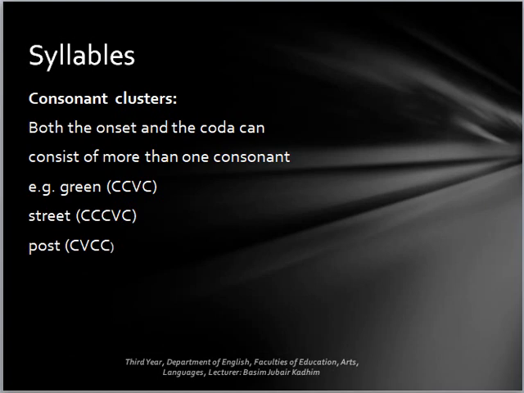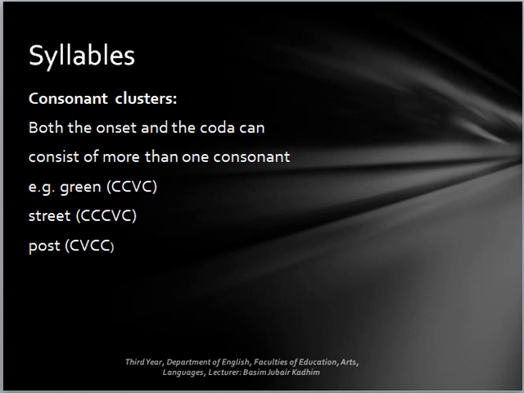Now, syllables can cluster, and this clustering, of course, depends on the particular language. For example, in Arabic we have certain clusters of syllables. In English, we have another set of clustering.